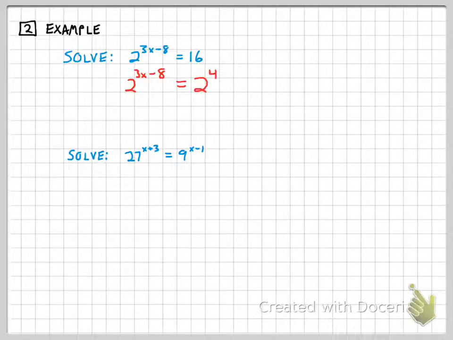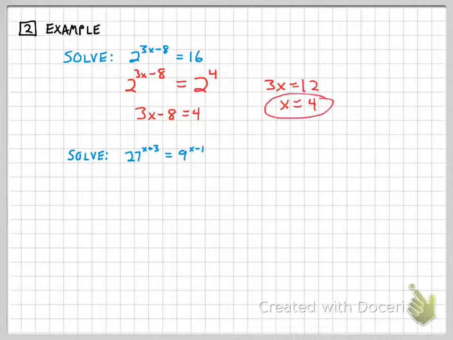Once I have like bases, you can basically ignore them, no pun intended, and say 3x minus 8 equals 4, and all of you with your fantastic Algebra 1 skills can solve that problem. So 3x equals 12, and x equals 4.